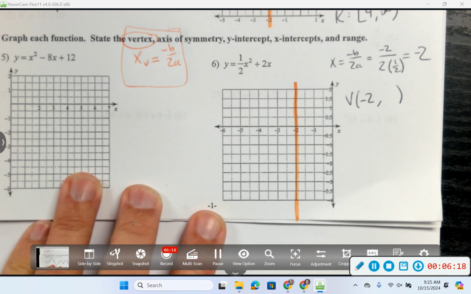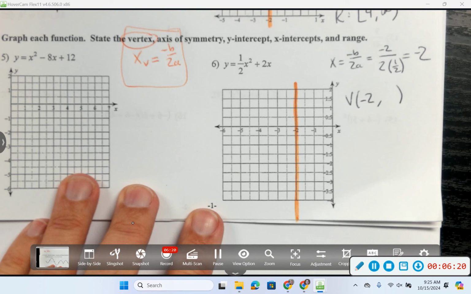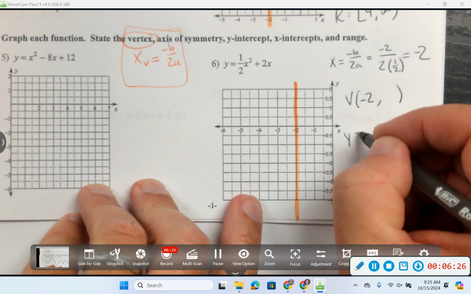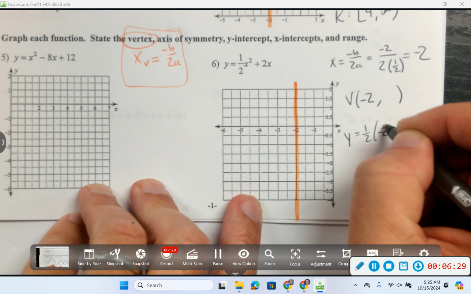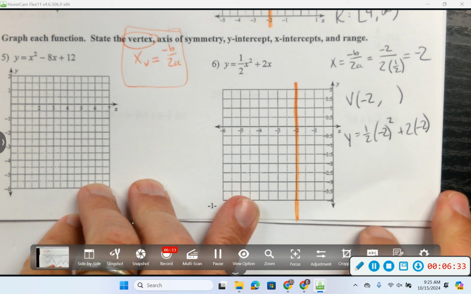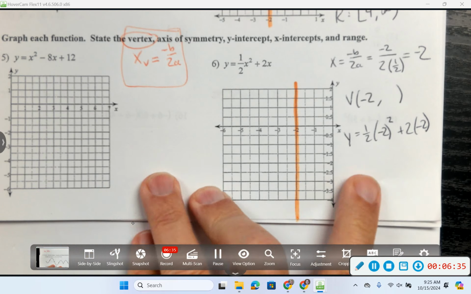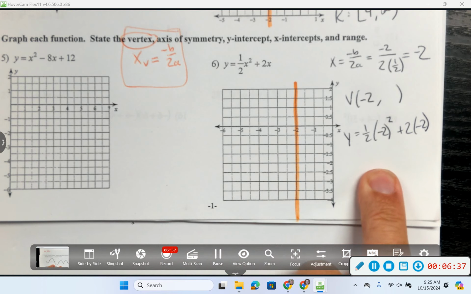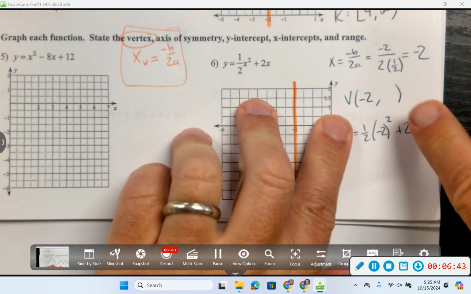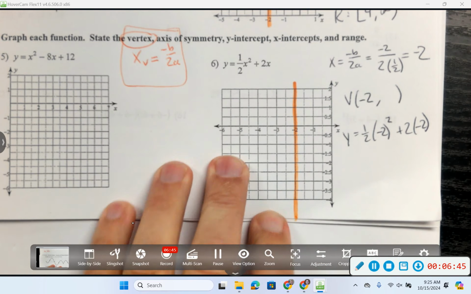How do I find the y-coordinate of my vertex? Just plug it in. Y equals 1/2 times negative 2 squared plus 2 times negative 2. Oh, this is fun, but surely we figured this out by now. Am I squaring the 2? Am I squaring negative 2? Am I squaring 1/2 times negative 2?